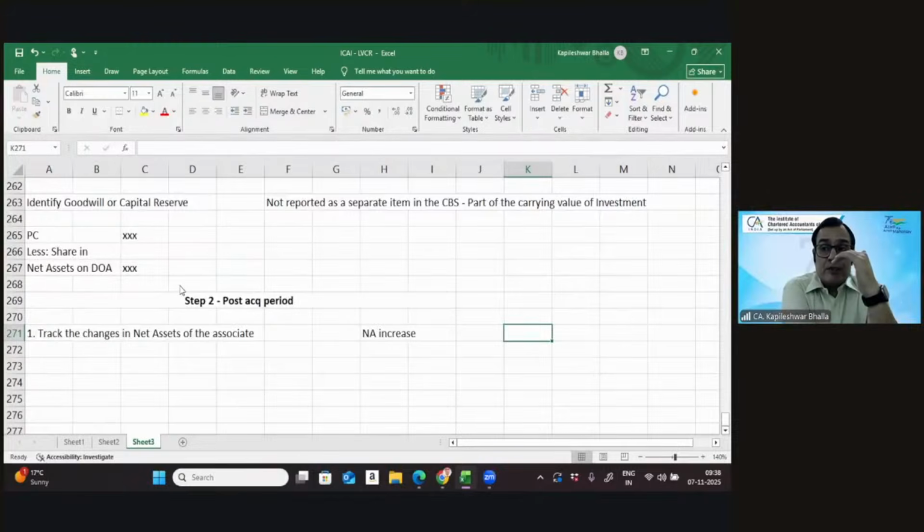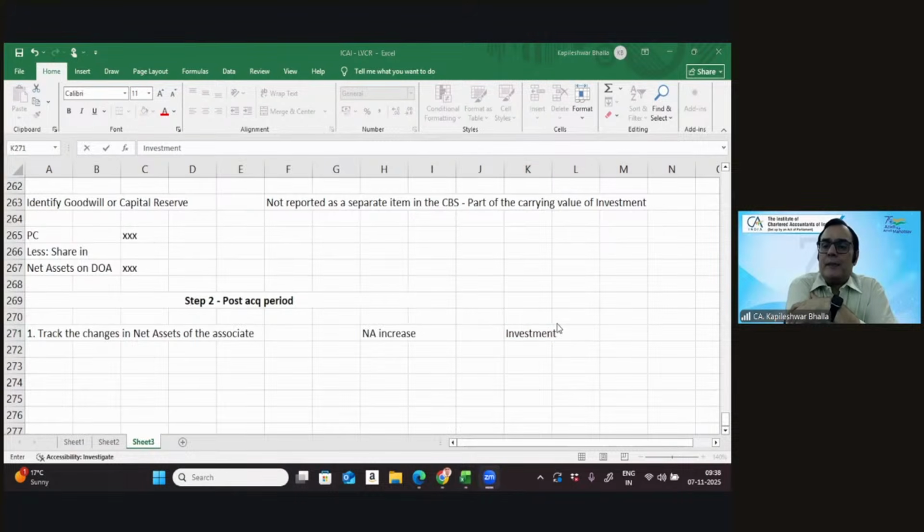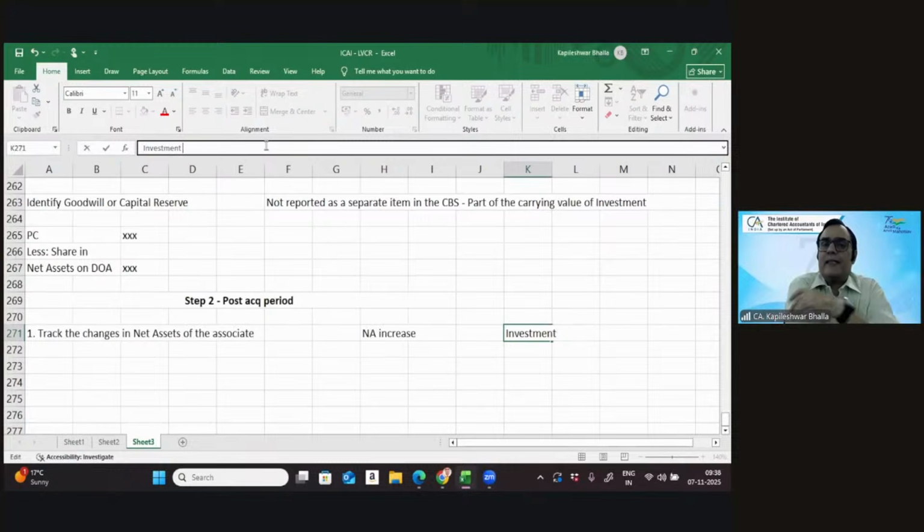So the net assets of the associate company go up. Investment is going to be debit or credit, your inputs. And that's right, the investments will get a debit in this particular case. Wonderful indeed. Can I say to the extent of the share?